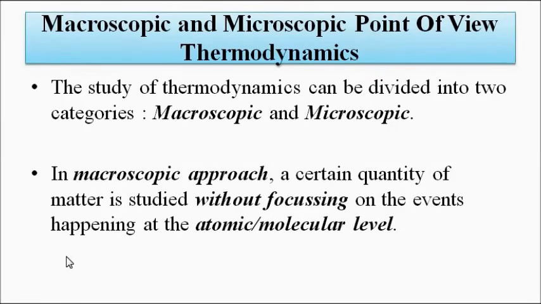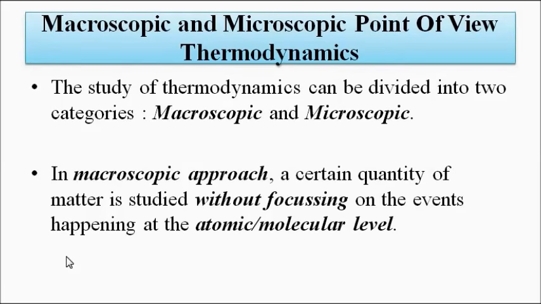So in the macroscopic approach, when we study a system, it can be anything, starting from a small object, the human body, a plant, a machine, anything we want to study, it is studied as a whole, from what we can perceive, what we can see, without going into detail about the atomic and molecular events that are going on at the subatomic level.